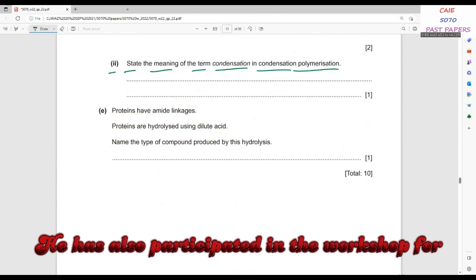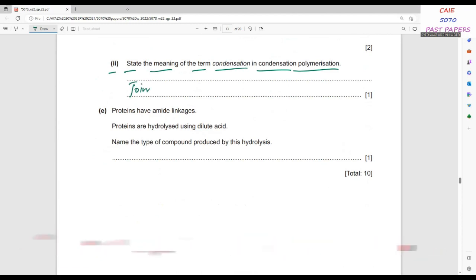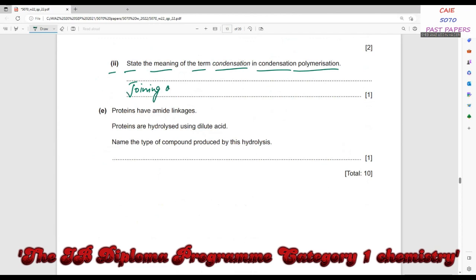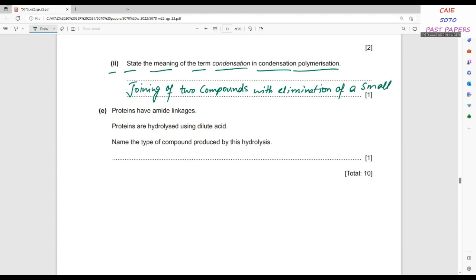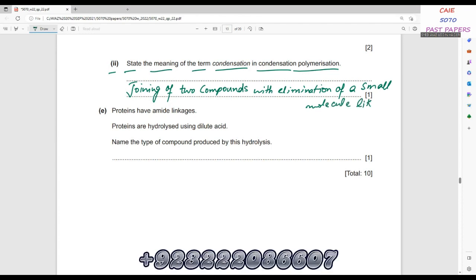When you say condensation, there's joining of 2 compounds with elimination of a small molecule like water.